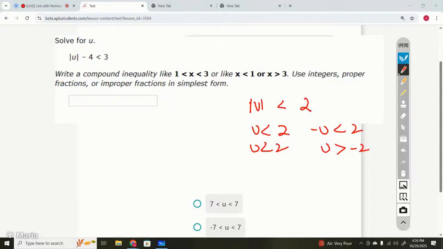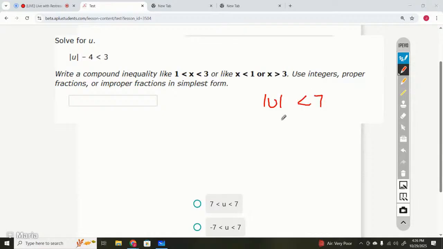Absolute value of u minus 4 is less than 3. Absolute value of u is less than 7. u is less than 7. Negative u is less than 7.